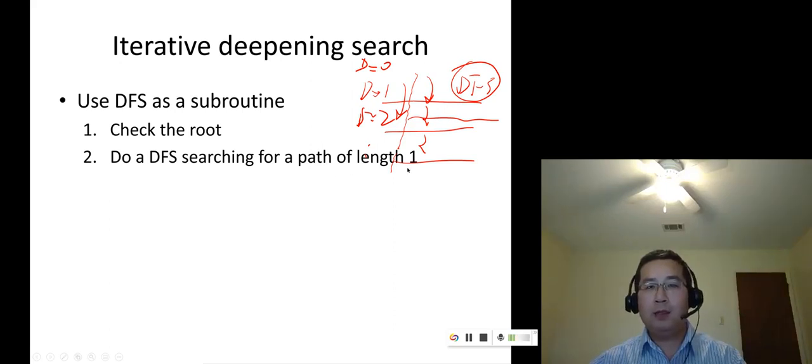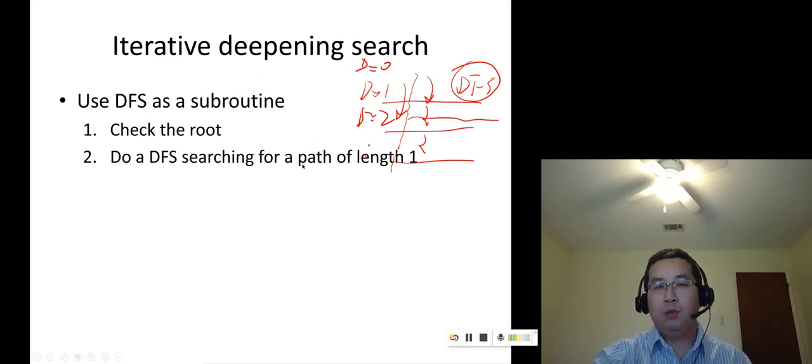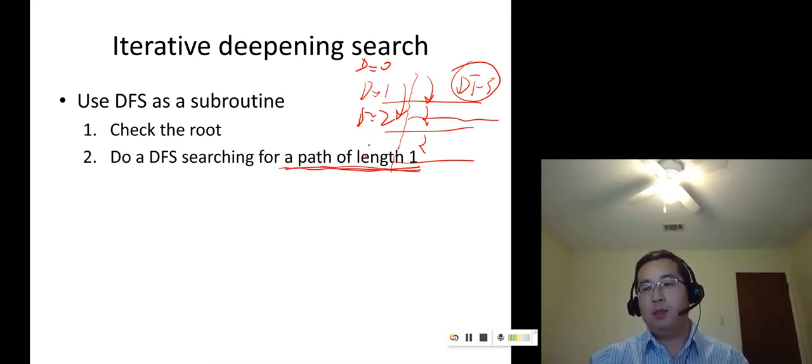The path length is the maximum cost allowed for your search. So we set the path equal to 1, the depth equal to 1. That means at most you can search within the next layer.